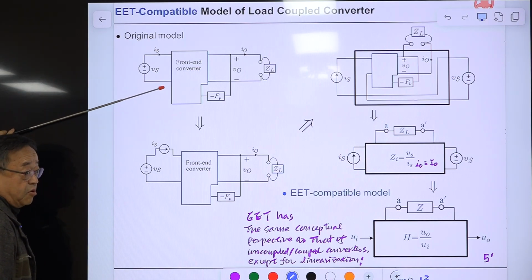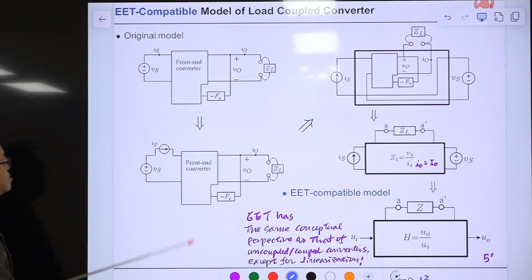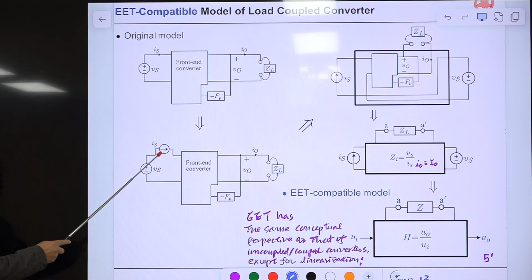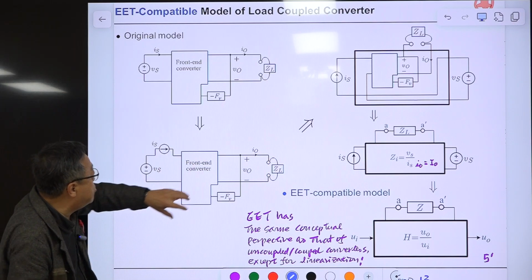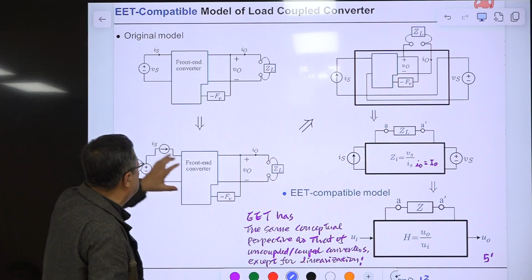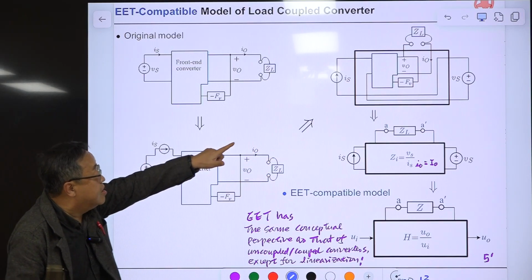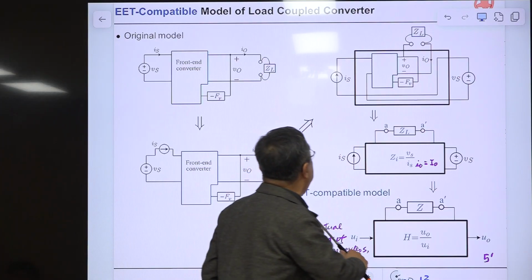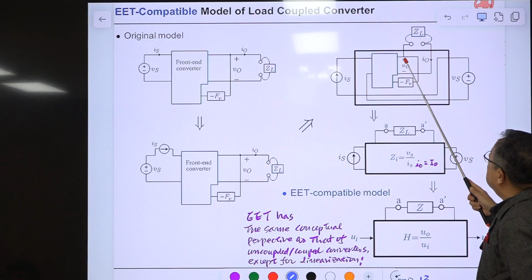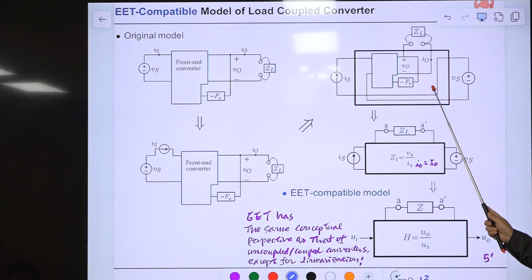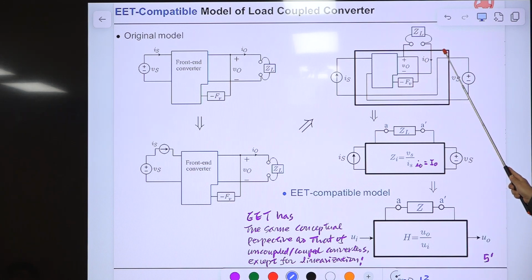This is the current source, and this is voltage. I stretch this out and push something into this box. VO is here, IO was here but is moved to here, which is the same thing. I put everything inside this box.